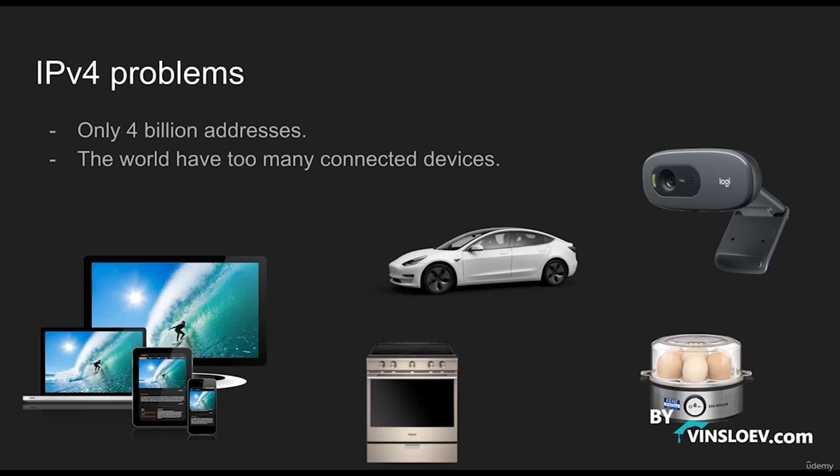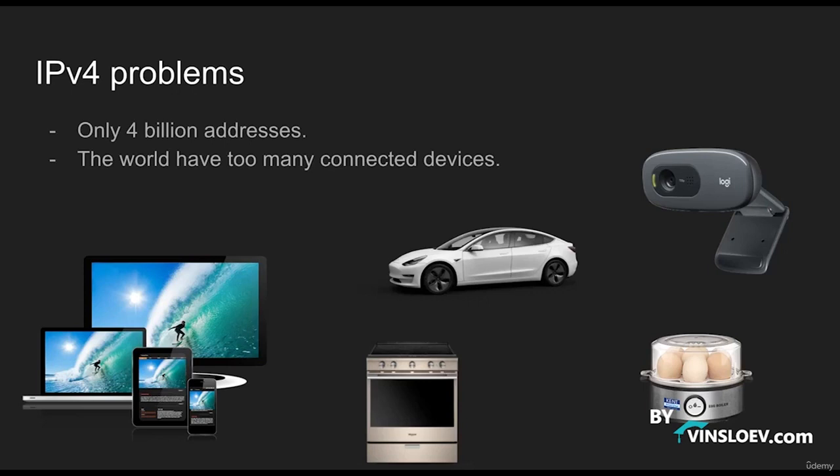And as the world gets more and more devices connected to the internet, we now not only have computers, we have webcams, we have kitchen tools, we have cars and robots, and all kinds of different stuff is getting connected to the internet. This means that the current version simply does not have enough unique IPs, and we can't generate enough unique addresses out of this 32-bit address, which is IP version 4.